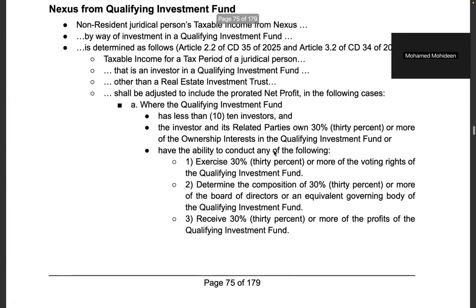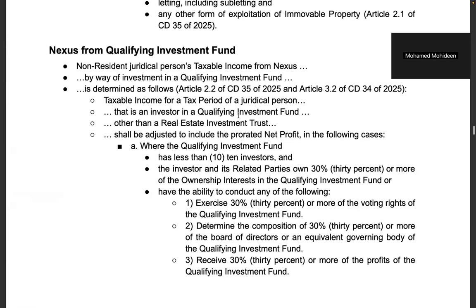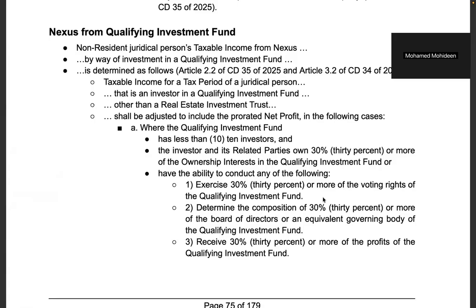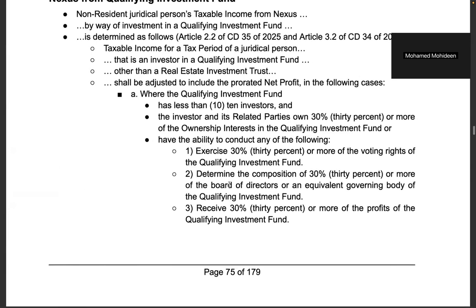So prorated, we started from here, nexus from qualifying investment fund, right? That's where we saw that there were different scenarios identified. With fewer than 10 investors, they will have to include prorated net profit in their tax return, in their taxable income. These conditions have to be met.